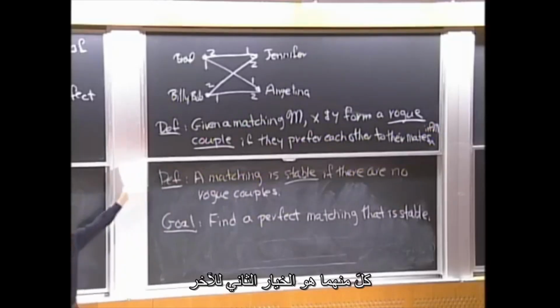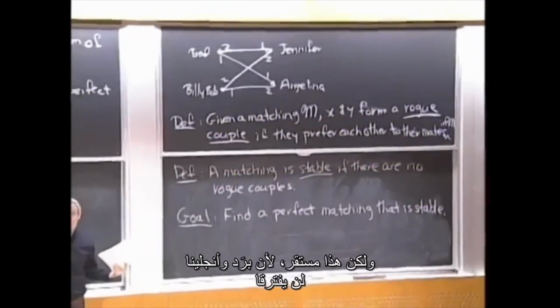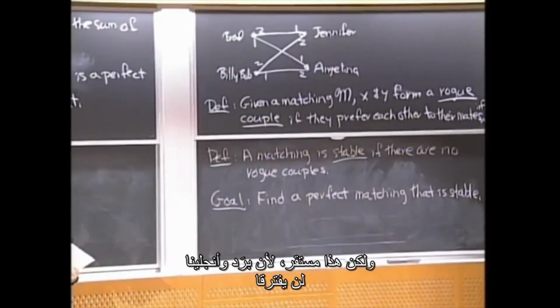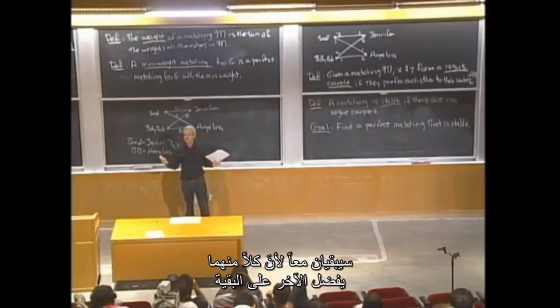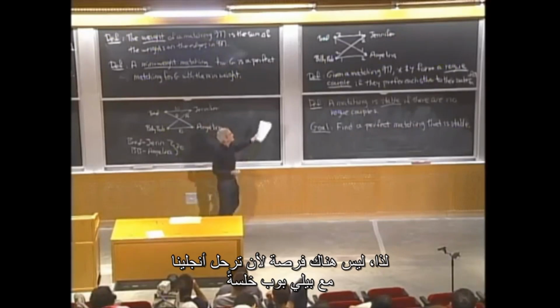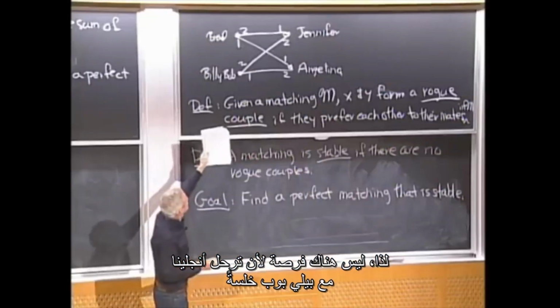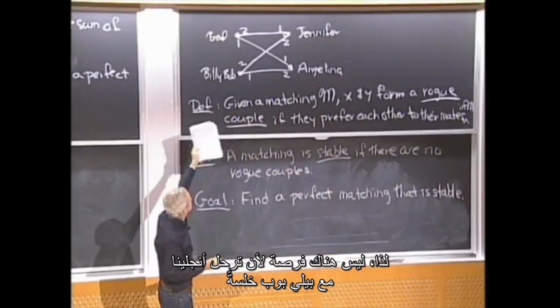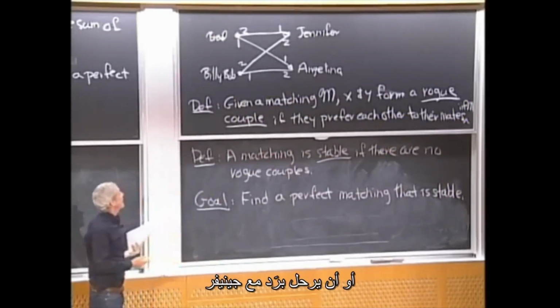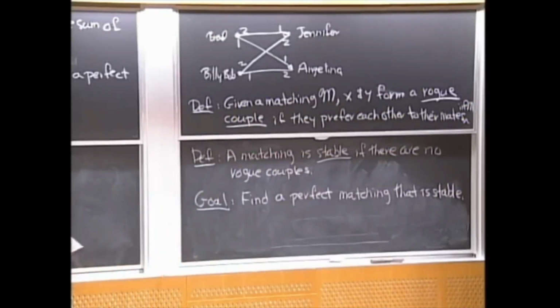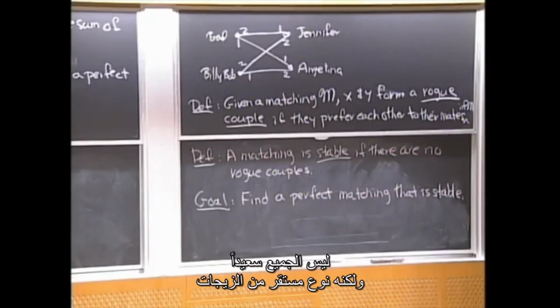They each got their number 2 choice, but it's stable because Brad and Angelina aren't going anywhere. They're going to stay together because they like each other best. And so there's no chance that Angelina's going to sneak off with Billy Bob, or that Brad's going to sneak off with Jennifer. All right, so it's stable. Not everybody's happy, but it's a stable set of marriages.